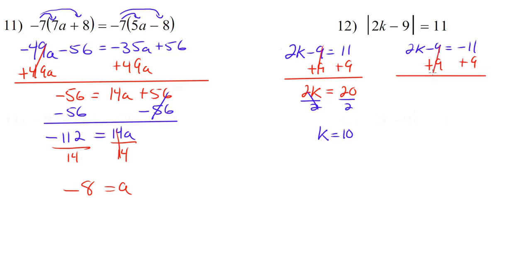And on the left, these still cancel out, leaving us with 2k. But on the right, negative 11 plus 9 is not 20, it's negative 2. So now we divide both sides by 2, and we get our second answer, k equals negative 1. So those are the two solutions for this absolute value equation.